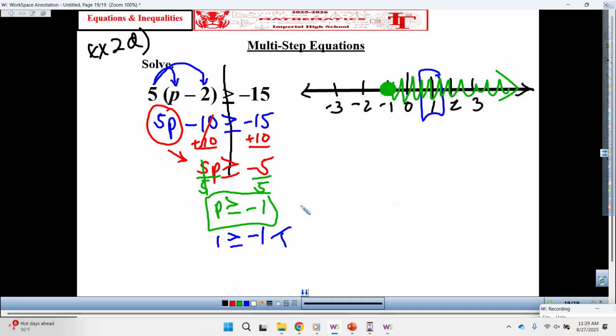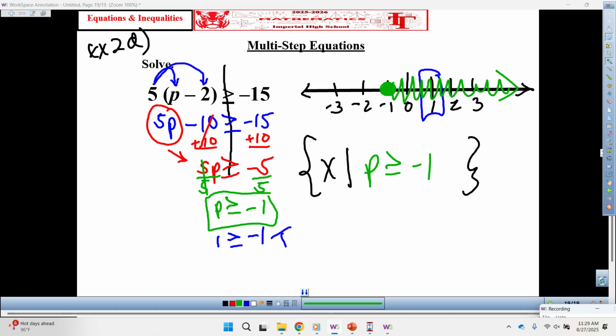Let's write our solution set of x such that, and what goes in there? P is greater than or equal to negative 1. How are we doing? Good? All right, send me your notes, please.